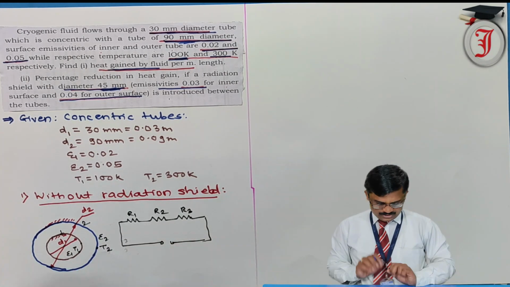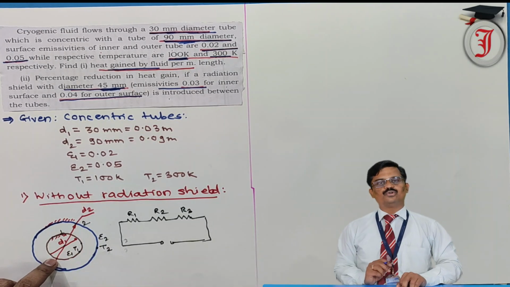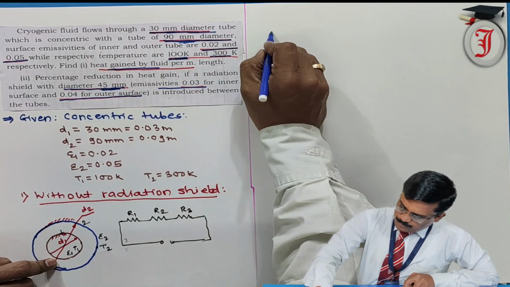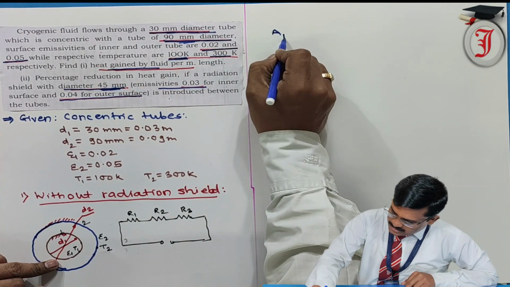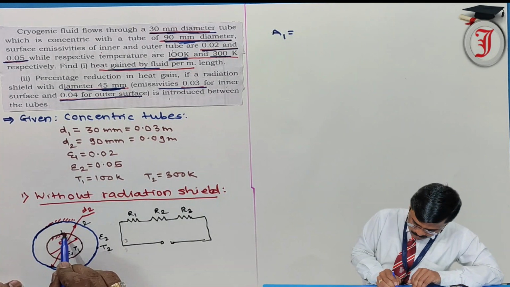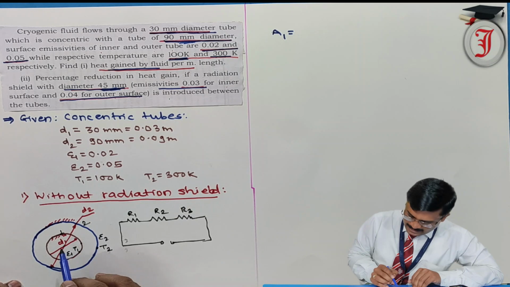Before solving this, we have to determine the surface area of a tube. A1 is the surface area of the inner tube. We know surface area is perimeter into length.